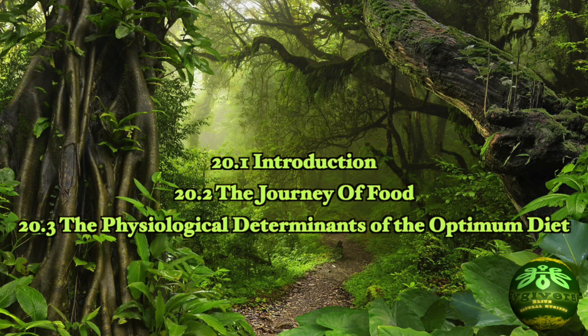20.3.5 The optimum diet. Let's review the physiology of digestion so that we may determine the optimum human diet. First, it is obvious that man is built to be a gardener and harvester of fruits, vegetables, and nuts. He does not possess the physical apparatus that the carnivorous animals have. Second, the teeth, saliva, and digestive enzymes of man point to a diet consisting mainly of fruits and non-starchy vegetables.